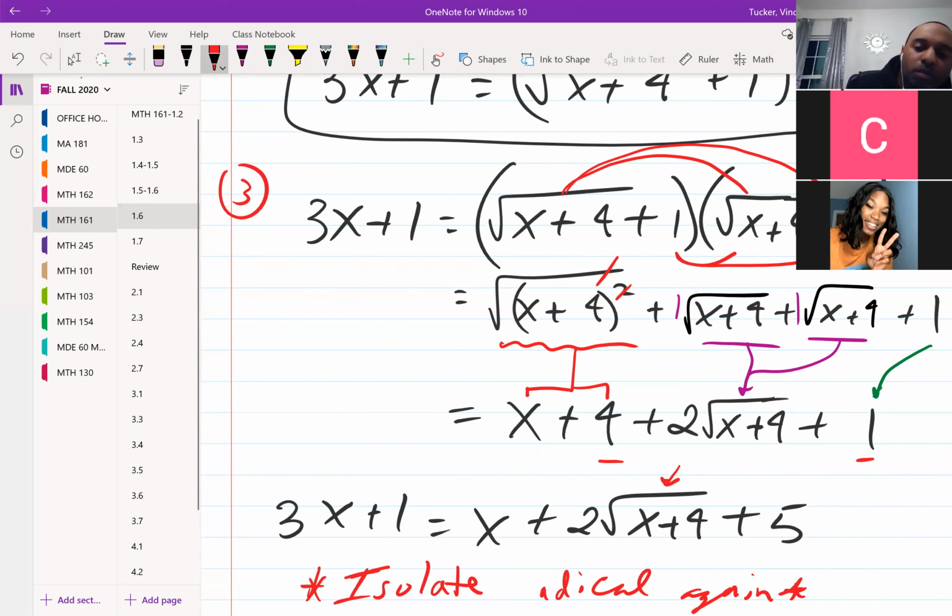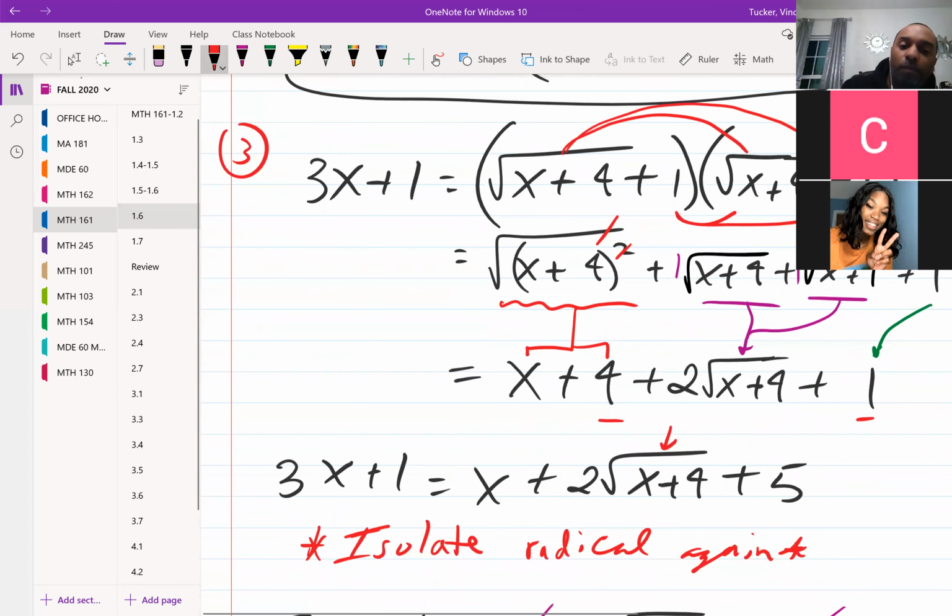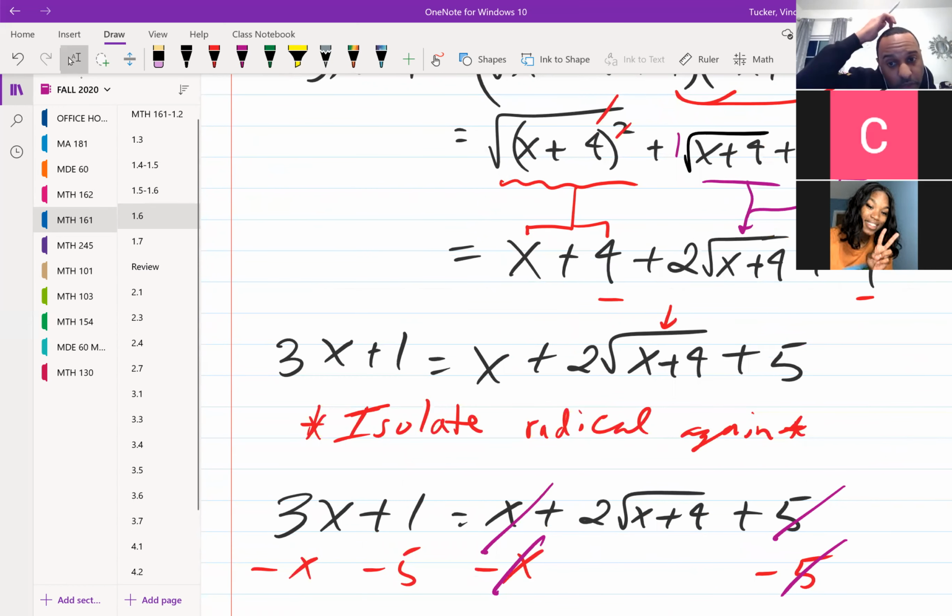So notice we still have a radical involved. And if you look at our steps, it says if a radical is still involved, we're at step 3, go and repeat steps 1 and 2. So we need to isolate that radical, get that radical by itself once again.